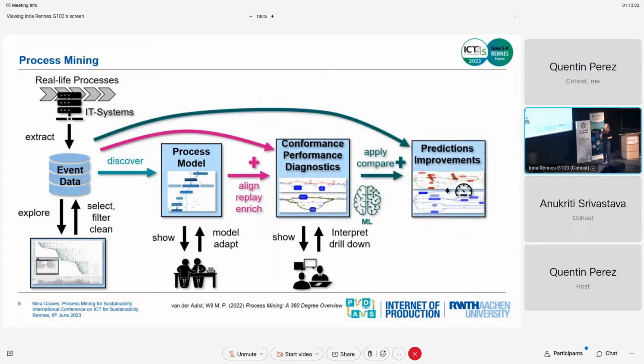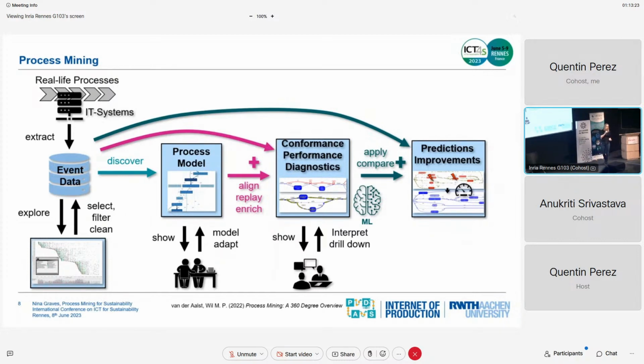Then we can get some insights, find out what different things depend on, what the causalities are, or rather correlations, between different attributes and the processes.